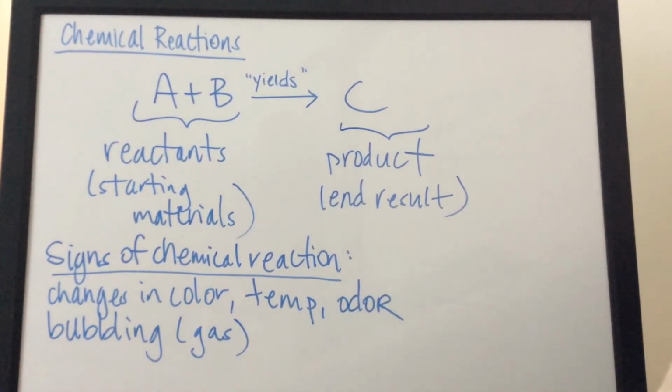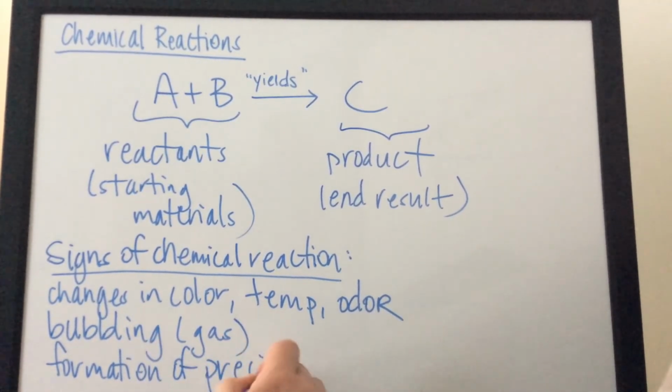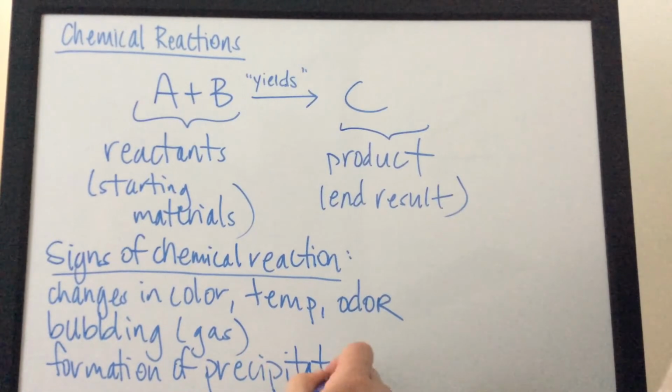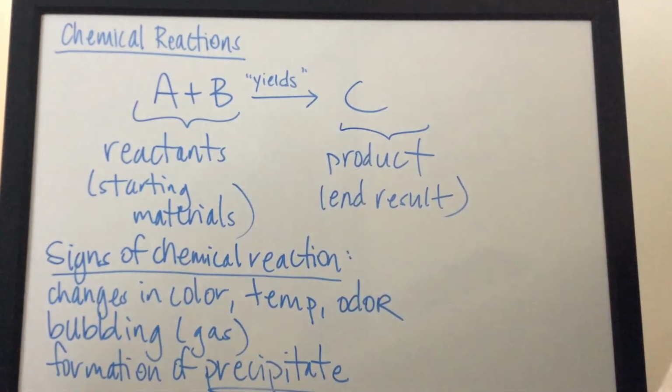We did learn at one point about something called the formation of a precipitate. That's definitely a section in this chapter on reactions, so we'll talk in much more detail about what it means to be a precipitate. But those are some signs that a chemical reaction has occurred. What else am I missing?